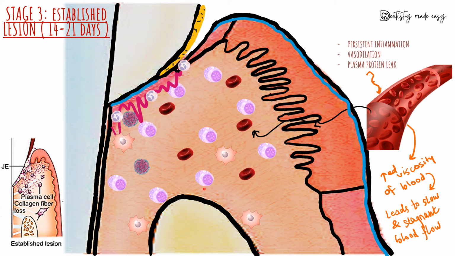There is an inverse relationship between the number of collagen fibers and the number of cells. If the number of cells is more, the collagen present in this stage will be less. So stage 3 is a stage ahead of stage 2: the proliferation is more deepened and the collagen fibers are more lost. These are the changes you will see in stage 3, the established lesion.